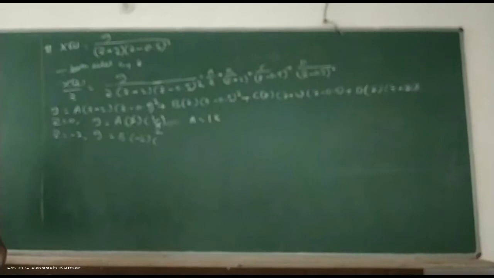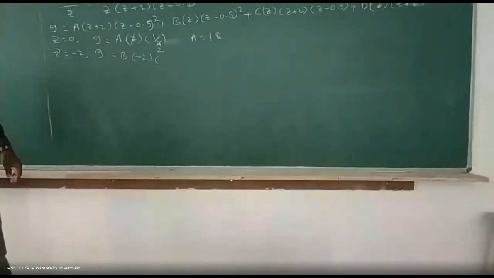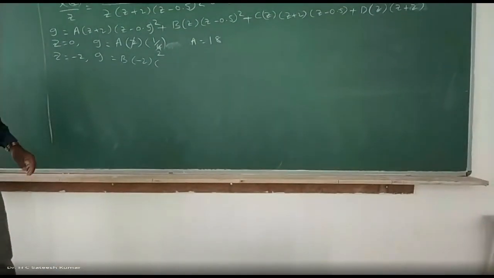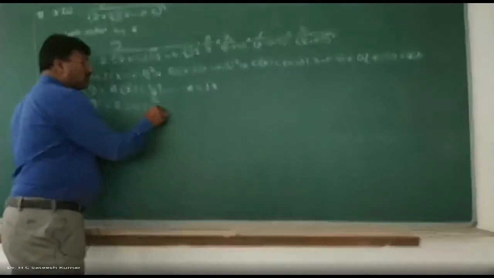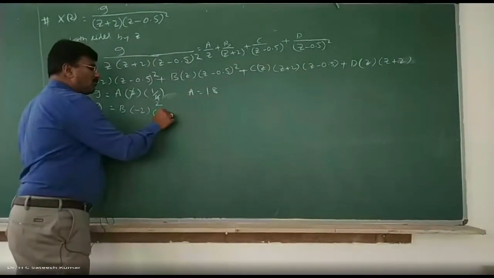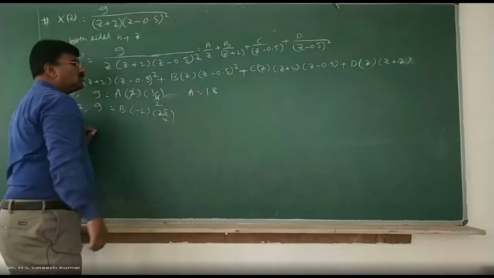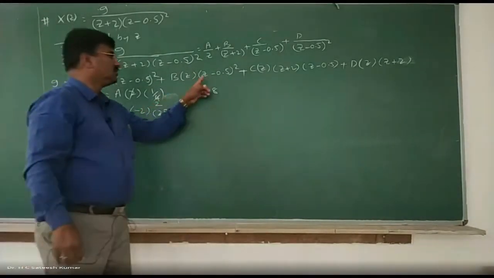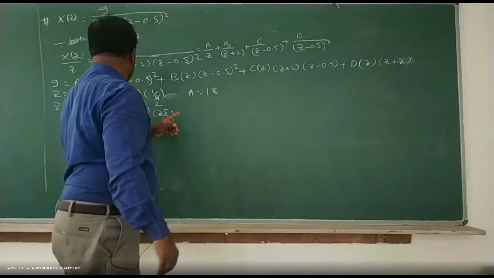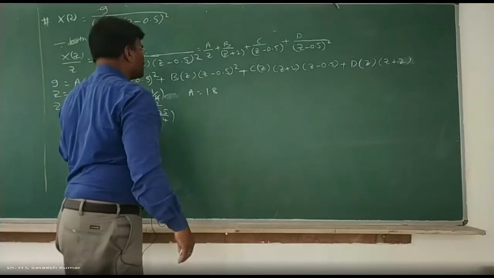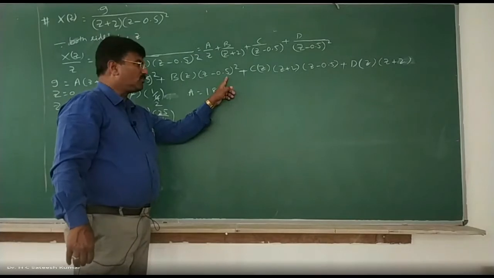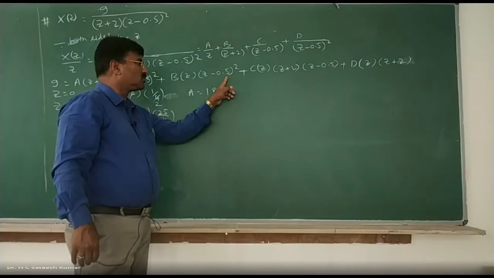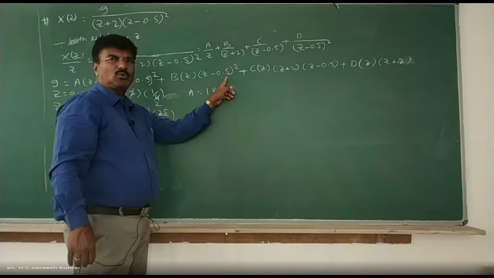Minus 2.5 is nothing but minus 5 by 2. Minus 5 by 2 whole square is 25 by 4. Z is minus 2, minus 2 minus half is minus 2.5, which is minus 5 by 2. Minus 5 by 2 whole square is what?